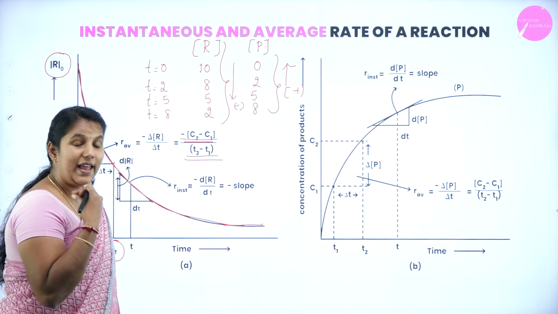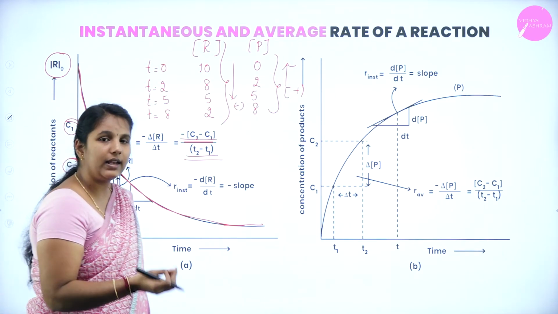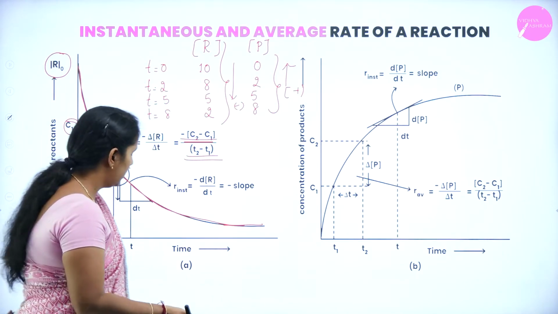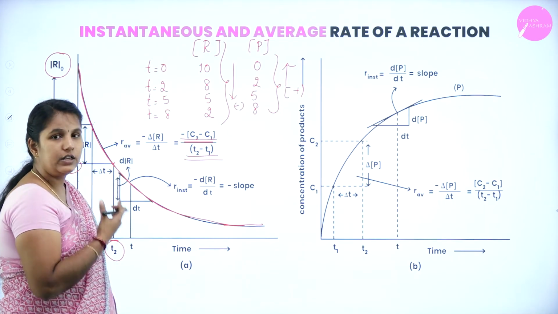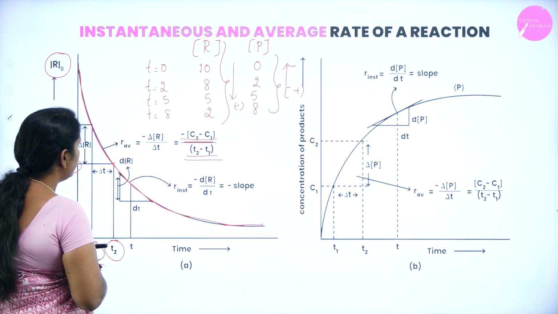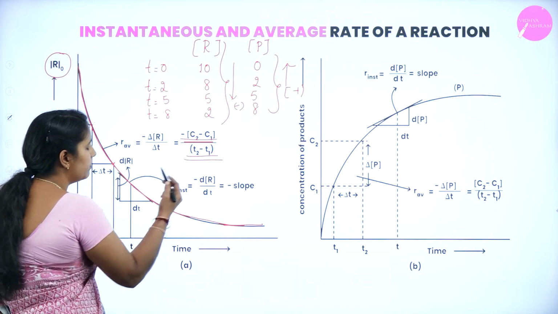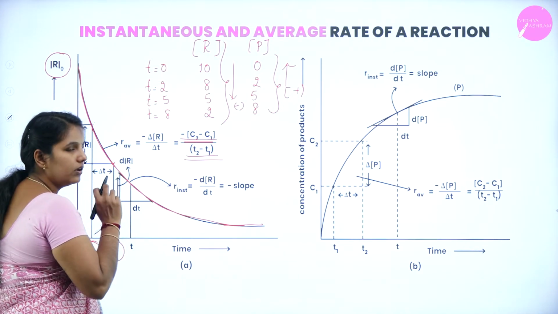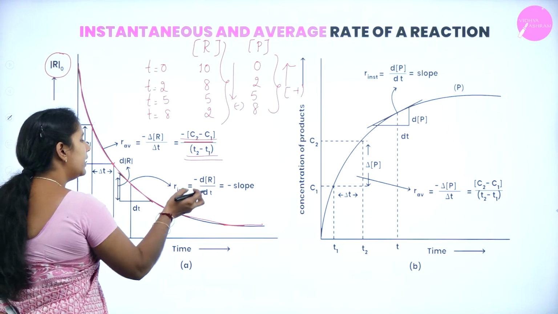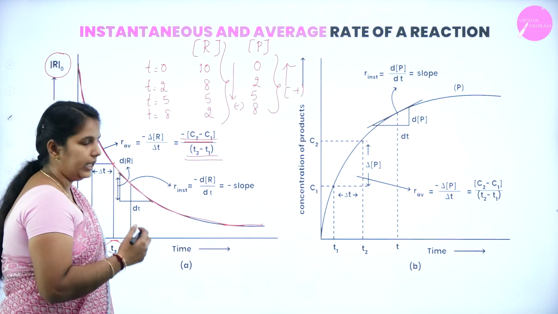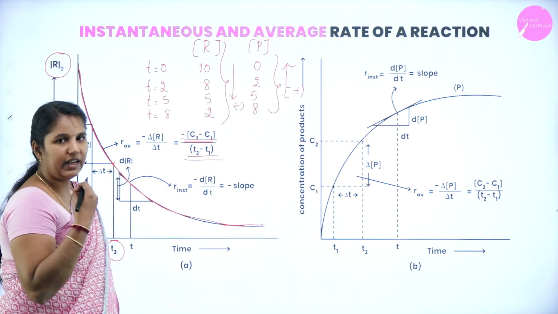Similarly, we can express the instantaneous rate of the reaction for the reactant. That is given by R instantaneous is equal to minus d concentration of R divided by dt, which is equal to the negative slope.